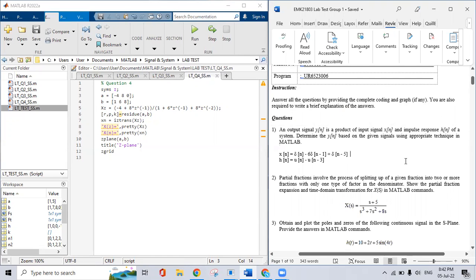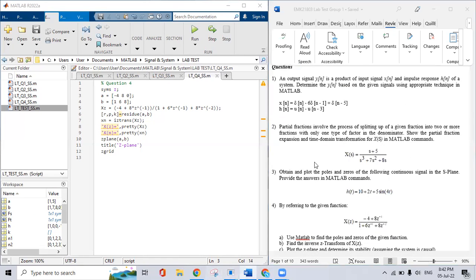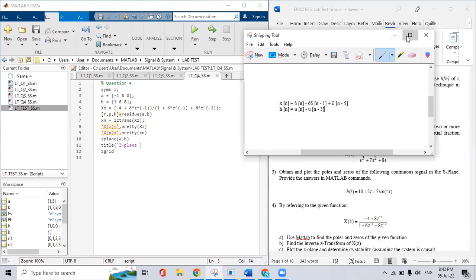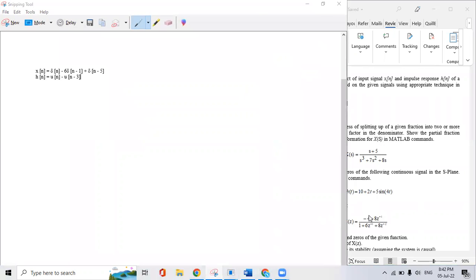So how do we perform a convolution with these equations? Let me explain first. As you can see, we have these two equations. This one is the input signal and this one is the impulse response.